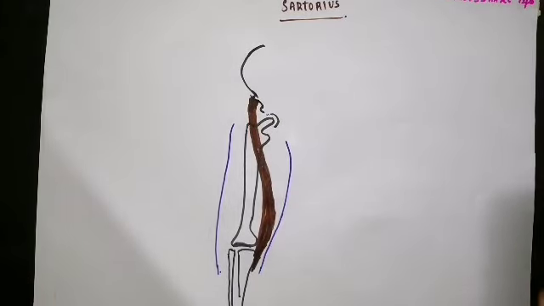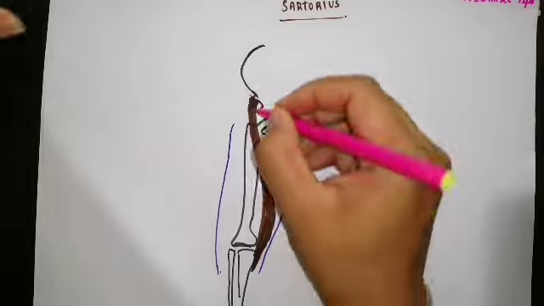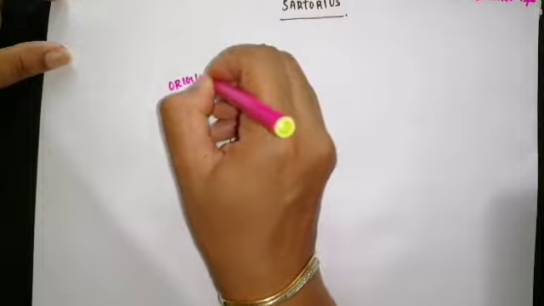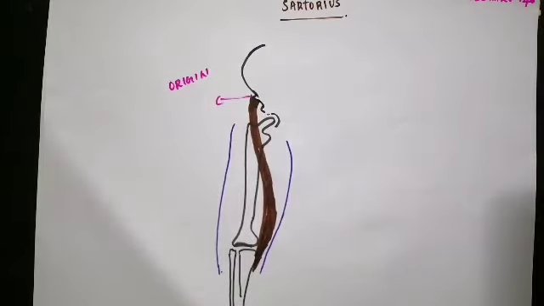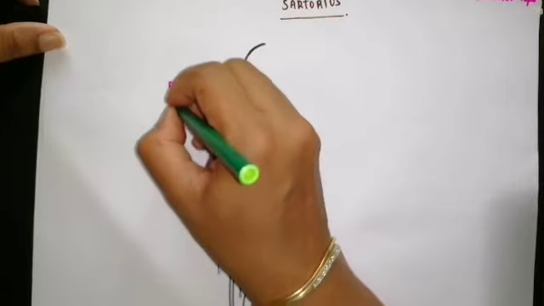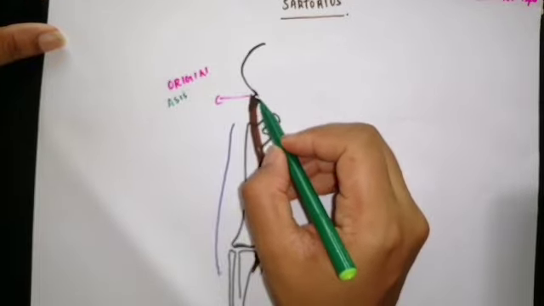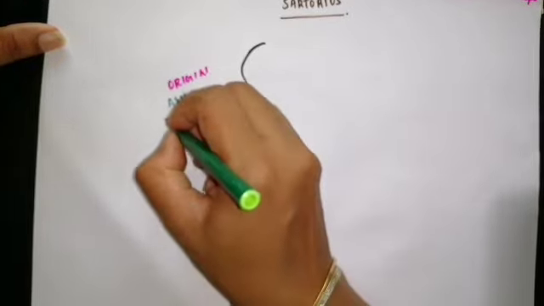This is the sartorius muscle. So what you see here is the origin. Origin is at the anterior superior iliac spine and the upper part of the ridge below the anterior superior iliac spine.